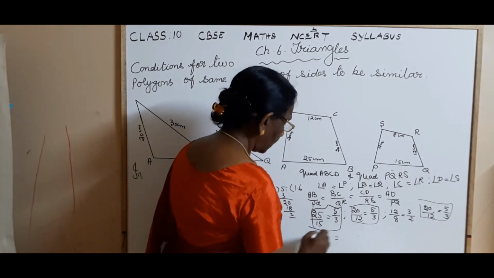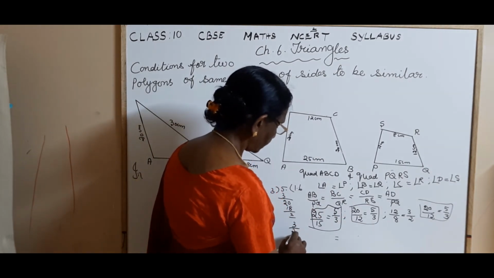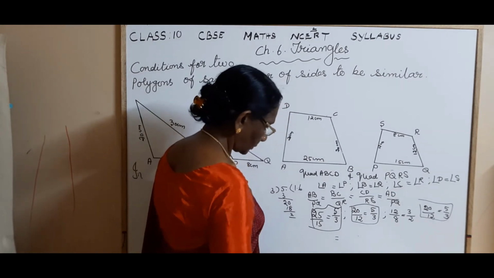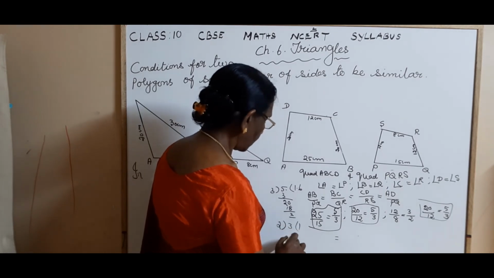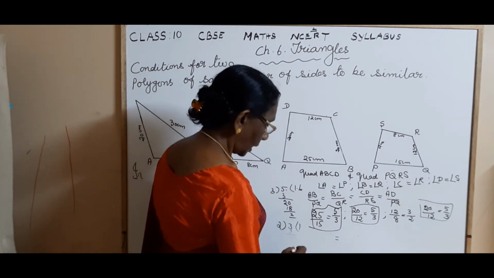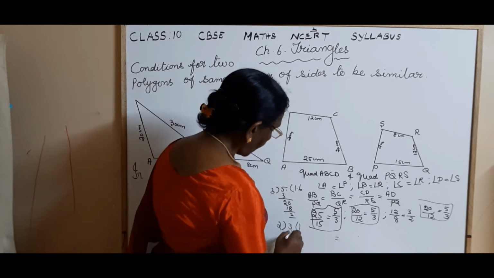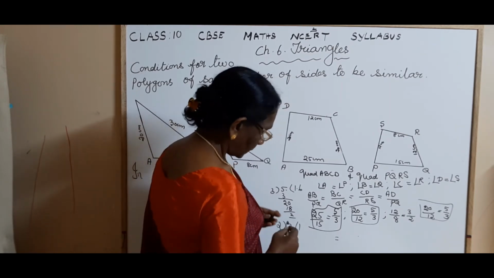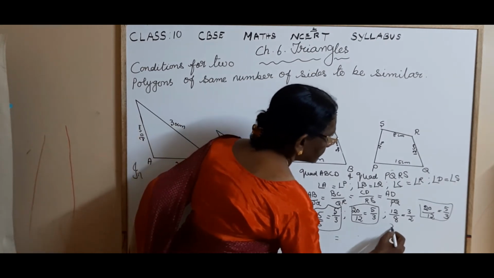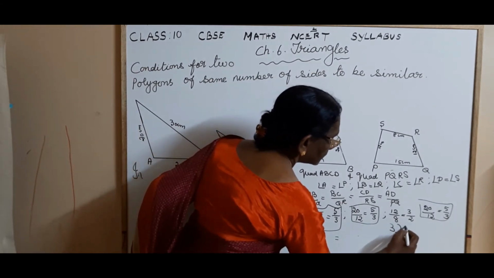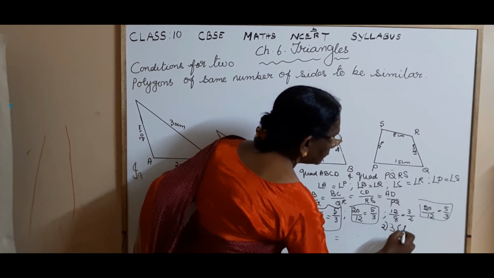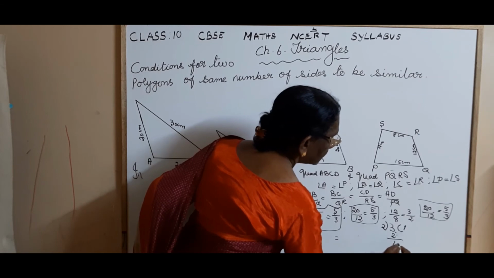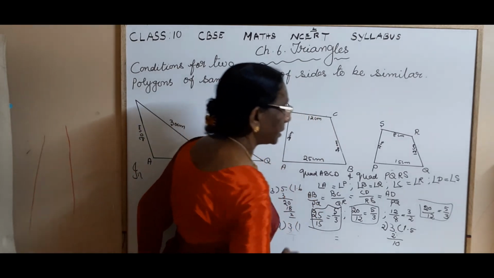So let us divide 3 by 2. 2 ones are 2, 1 time, and then 1, add 0, 10. 0.5 you are getting.